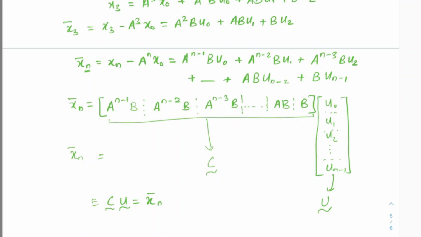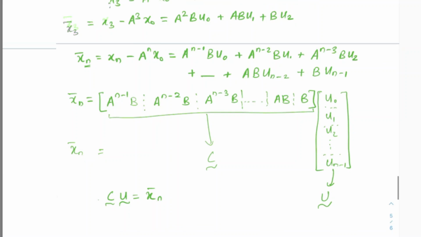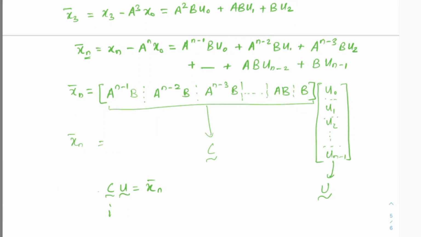This is similar to the form Ax equals B that we have been looking at in linear algebra. So if C is full rank, that means C would be invertible.